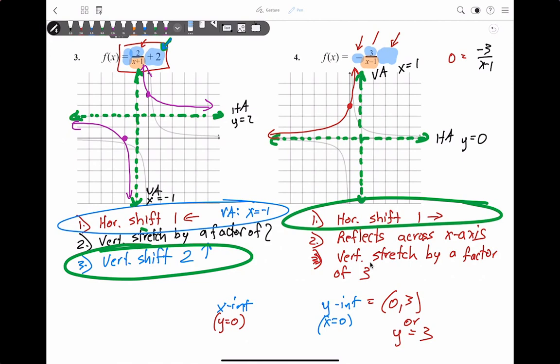Okay, so if I multiply both sides by x minus 1, like we did before on that other example, notice that this zeroes out and I get -3. Well, this isn't a true statement. So this is not true. Therefore, there will be no x-intercept. There's none.